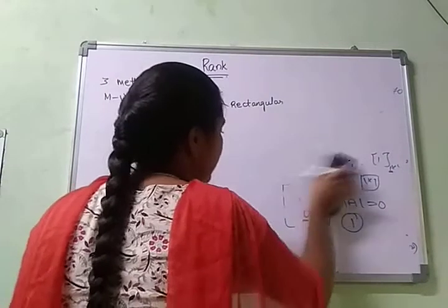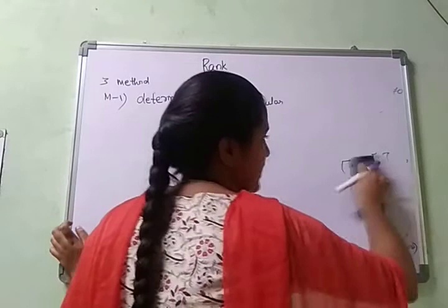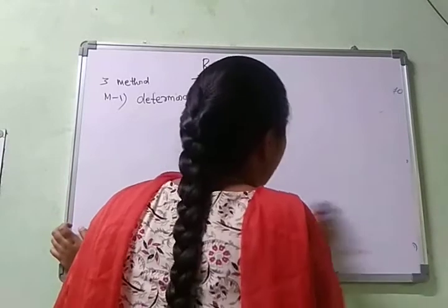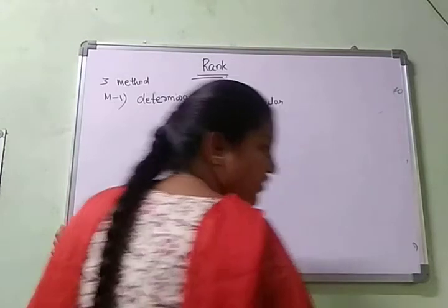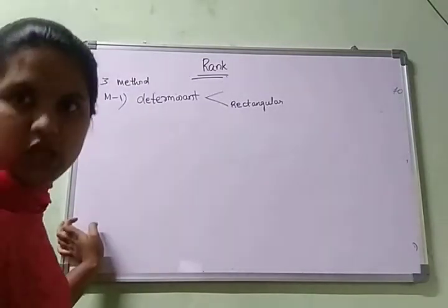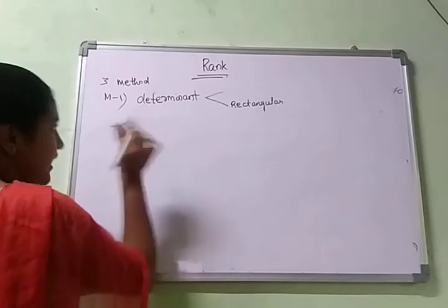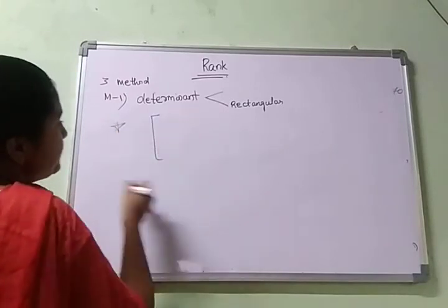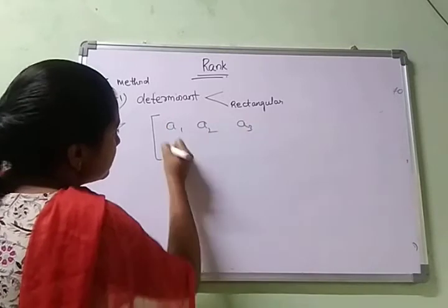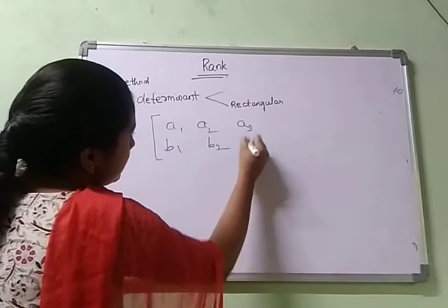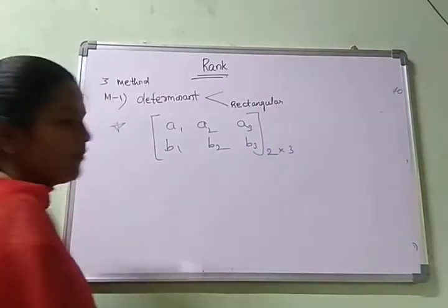So in a rectangular matrix, I can't say what the order of the rectangular matrix is, right? Because it may be of any order, but I'll tell you the way in which you need to find the rank. Okay. The main important thing is, for example, we have a matrix which is a 2 into 3 matrix, right?